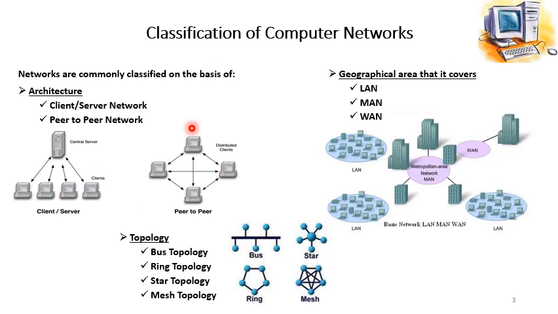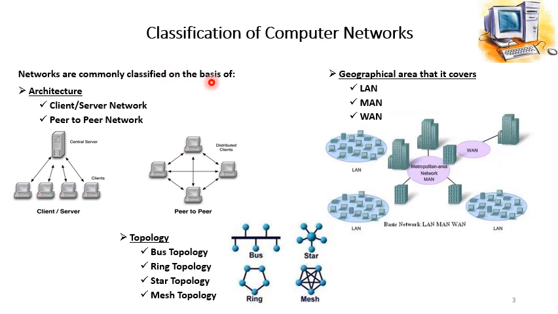These are the three basic ways through which networks can be classified. Either on the basis of the architecture of the network, on the basis of the geographical area that it covers, or on the basis of the physical arrangement of nodes or computers or devices inside a network.